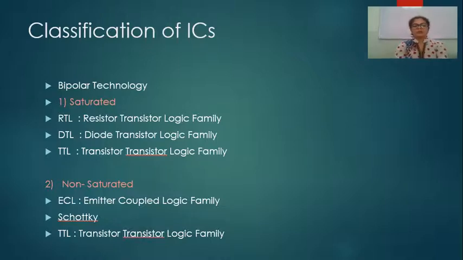So let's start with the first type, bipolar technology. The bipolar technology is again divided into two different categories, saturated and non-saturated. In the saturated logic family, there are three categories, RTL, DTL and TTL.